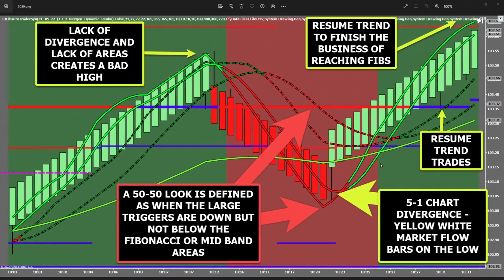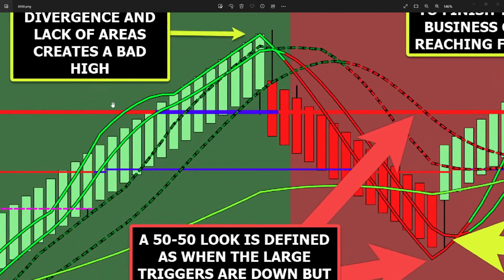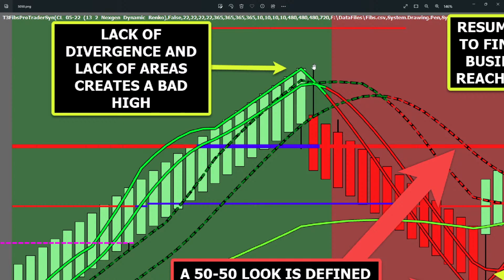And what generally happens is, it usually is predicated by a strong push up in the market almost every time. And again, this one didn't have divergence or fibs like the other one did, but it's usually predicated with a really strong push up.